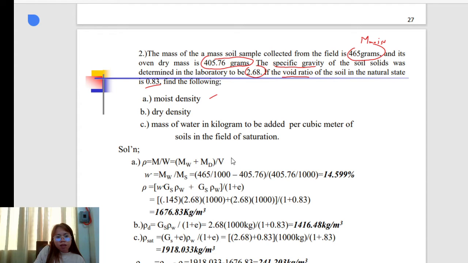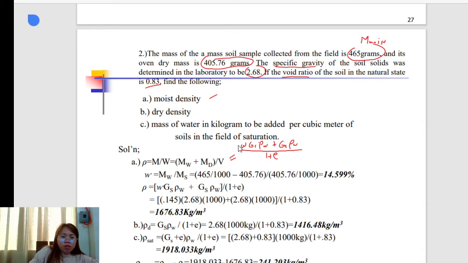This can be expressed as weight of water, that is w times density of water, plus specific gravity times density of water, over 1 plus e, right?